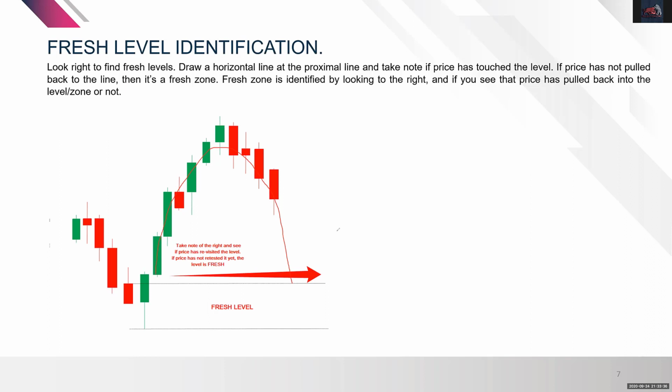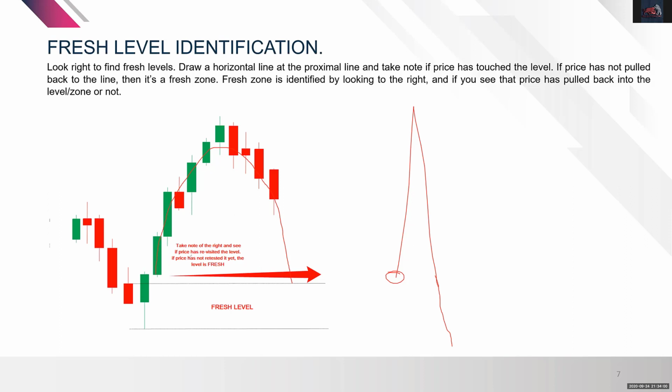So you don't want to see price forming a new zone and then it goes away, then it drops like this, like a V shape. This level might not hold. This might keep going straight down. So a V shape return to a zone, that zone is not ideal.